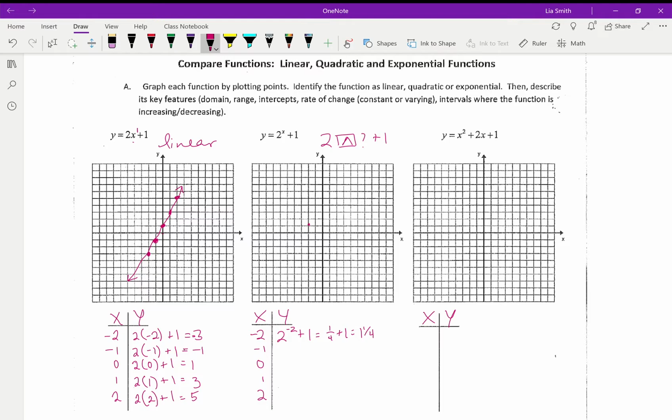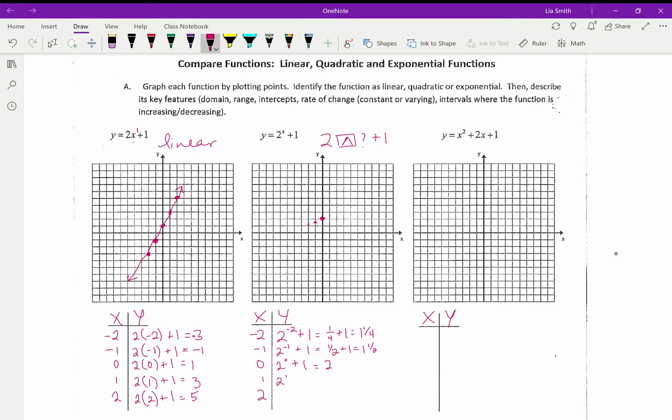Now let's do -1. 2 to the negative first plus 1 gives me 1/2 plus 1, which is 1 1/2. You'll notice the differences in exponential graphs on the negative side are very, very small. Then 2 to the 0 power plus 1 is 1 plus 1, which gives me 2. So 0, 2 is my y-intercept.